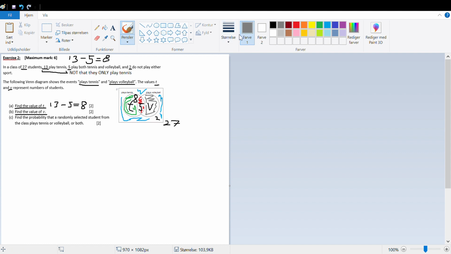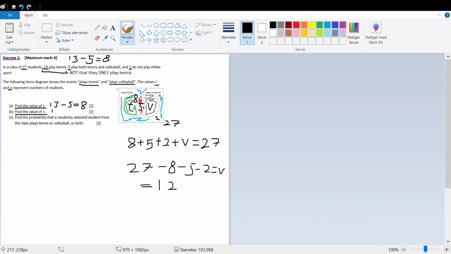So that means that the 8 plus the 5 plus the 2 and then plus whatever V is should be equal to 27. Very quickly, you can figure out what V must be by simply saying, okay, well, let's take 27, let's subtract 8, and let's subtract 5, and then let's subtract 2, and that should be V. You'll find that V winds up being equal to 12.